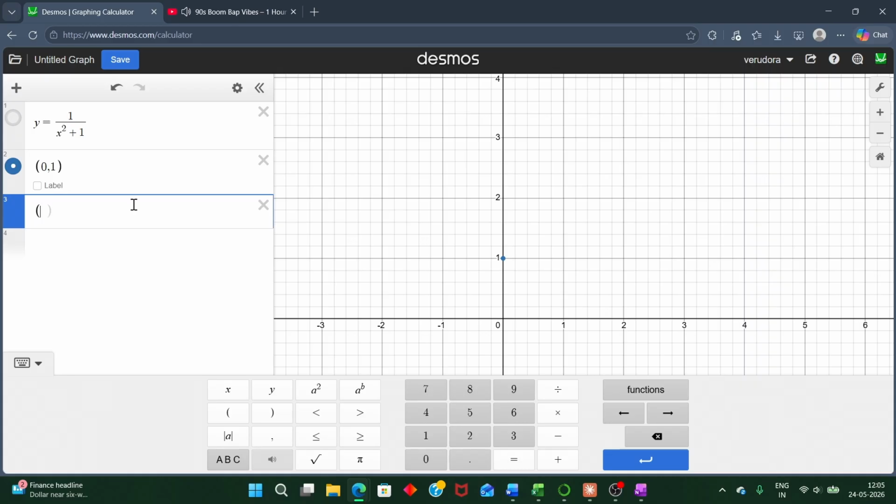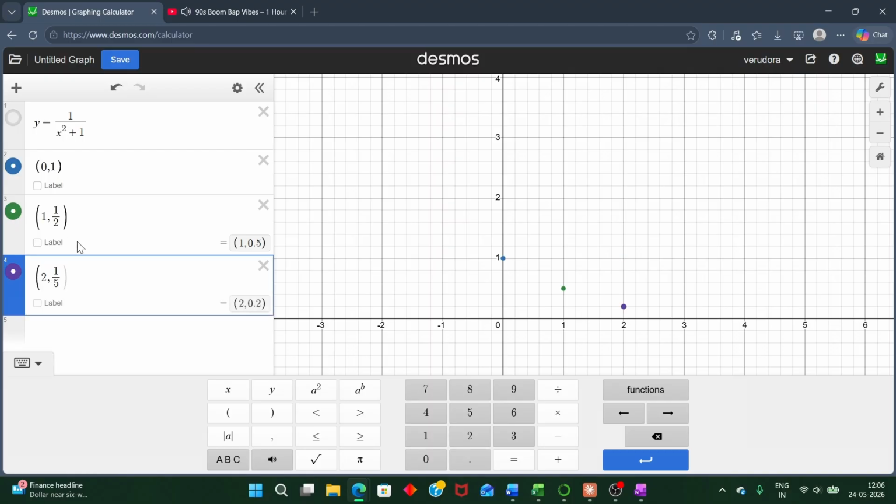And then let us take another value of x. Let's take x is equal to 1. I get y is equal to 1/2. And similarly, if I were to take another point, let's say 2, over here I get 1 by 5. Right. So I have 3 points, and this basically gives me the general trend of how the graph should look.